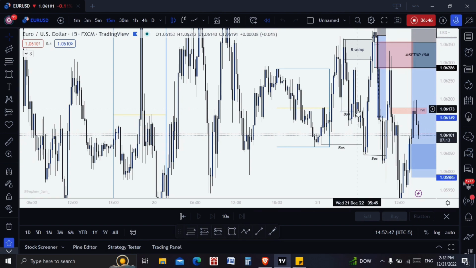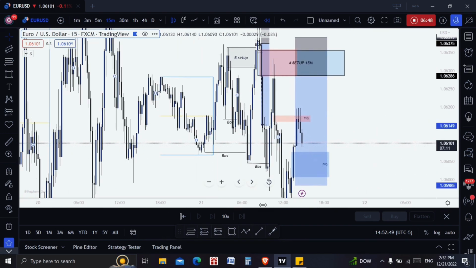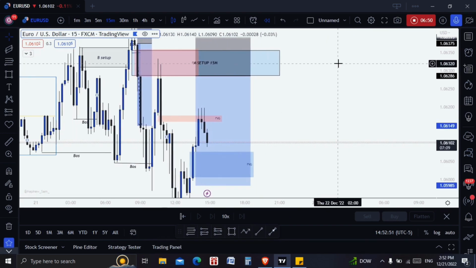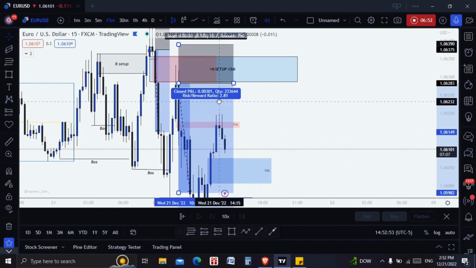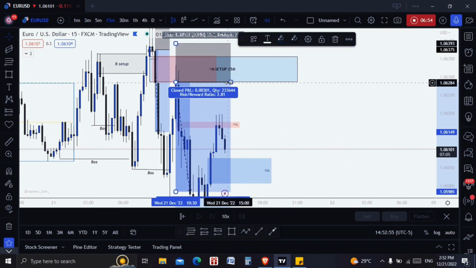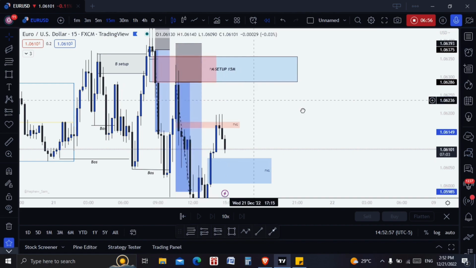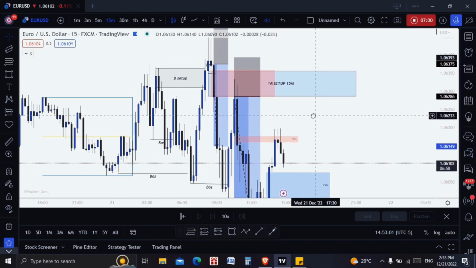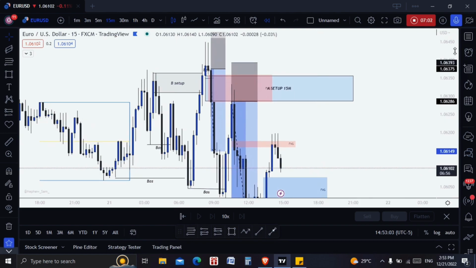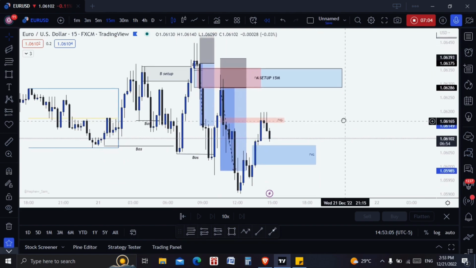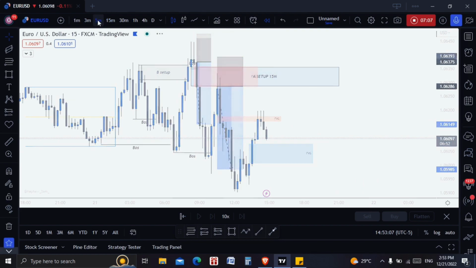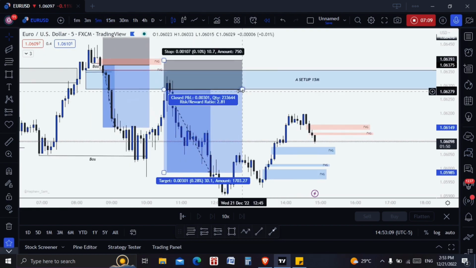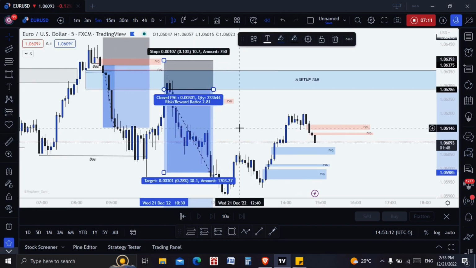And here, as you can see, I would have won this trade as well. I would have won two trades if I had been focused on the market.